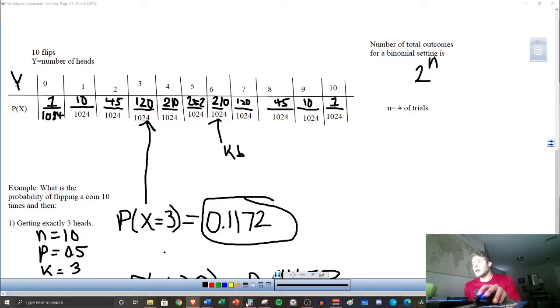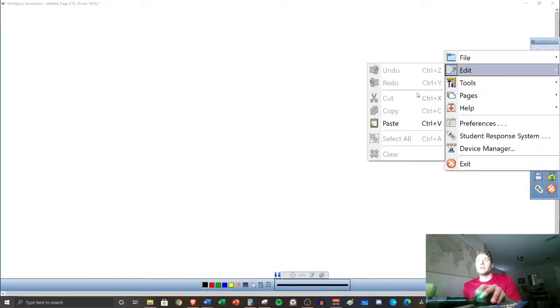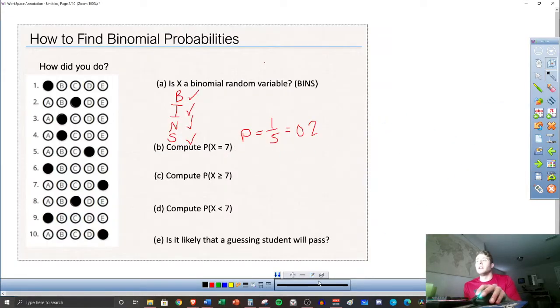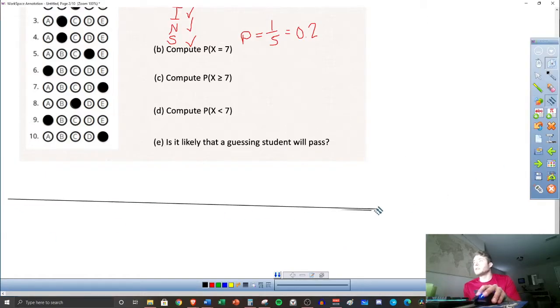Let me go ahead and make a new slide here with this, and we're going to do some of our work on here. So let's make a new page. You've already written most of this. I'm going to paste this in here. We are going to go ahead and make the probability distribution for this.